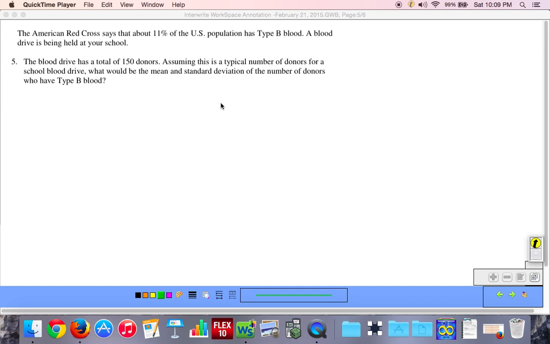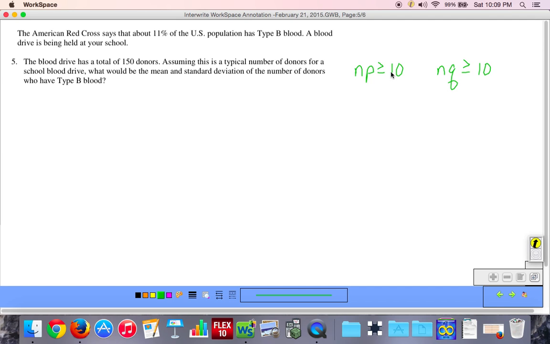Well, again, we know based on our notes that in order for a normal model to approximate a binomial model, n times p has to be greater than or equal to 10, and n times q has to be greater than or equal to 10.